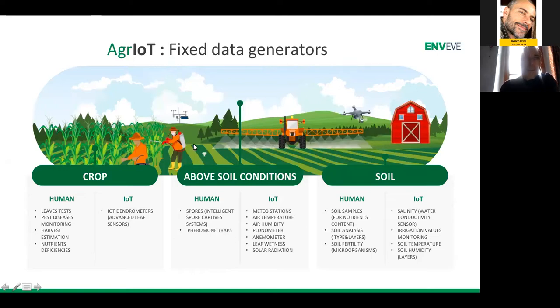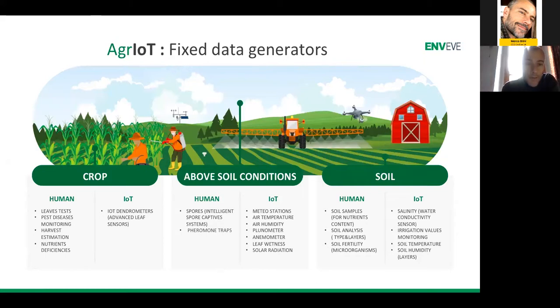Cables may be used anyway, but it's a little more complicated. What I was saying is that now we can finally start, and it is happening, to monitor the plants directly, which usually are the trees for orchards.